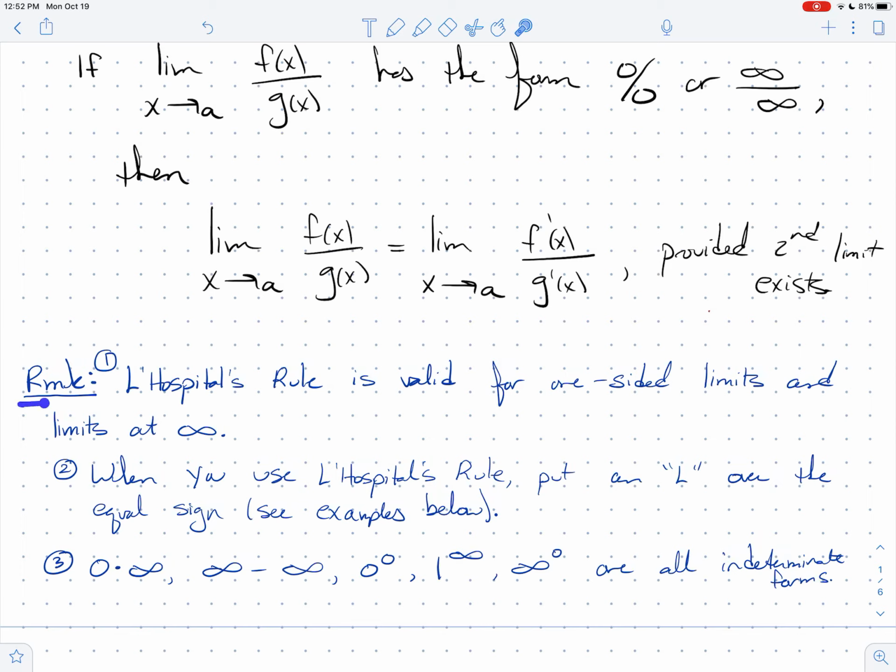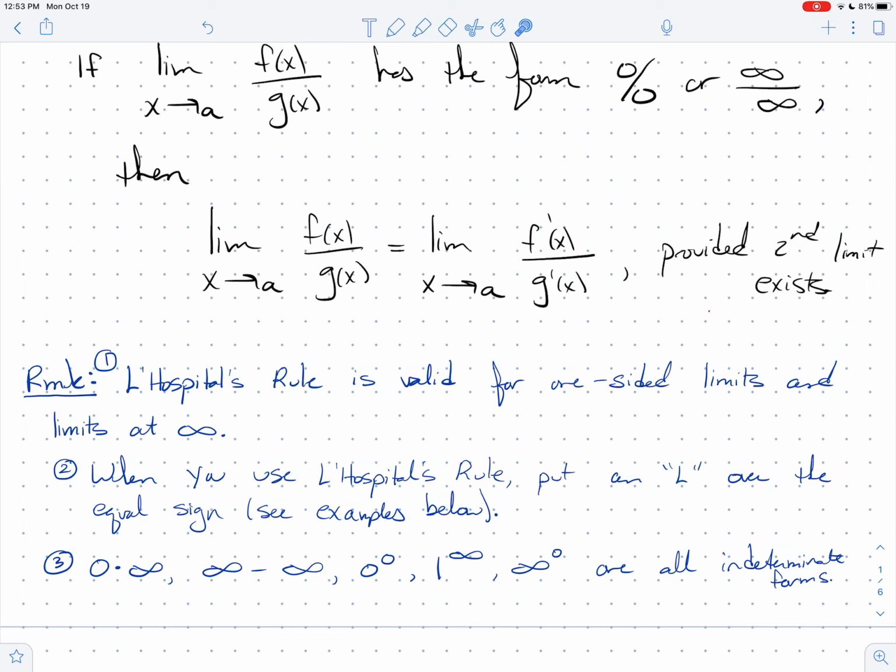Okay, so first comment, L'Hopital's rule is valid for one-sided limits and limits at infinity. Second comment, when you use L'Hopital's rule, you need to indicate to your reader that you're using L'Hopital's rule. So we usually write an L over the equal sign, and I'll show you what I'm doing. I'd put an L like that when you do it.